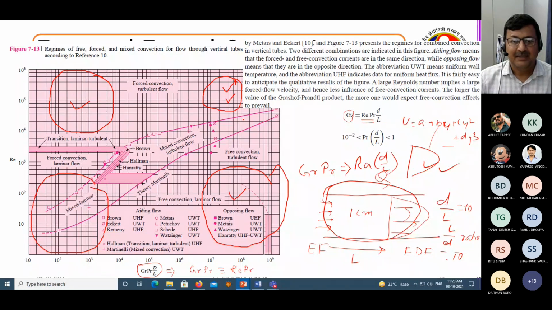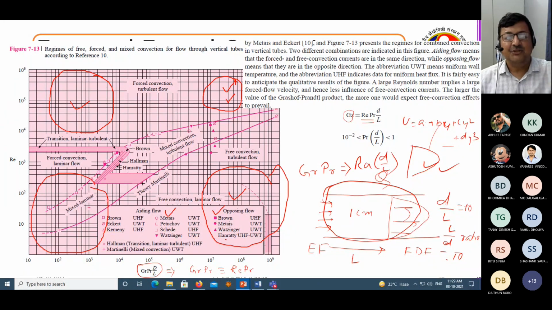So when the buoyancy force difference is acting in favor of the inertia, both the forces are together. That type of flow is called the aiding flow. Both of them are working in the same direction. Whereas when they are acting against each other, that is called the opposing flow.